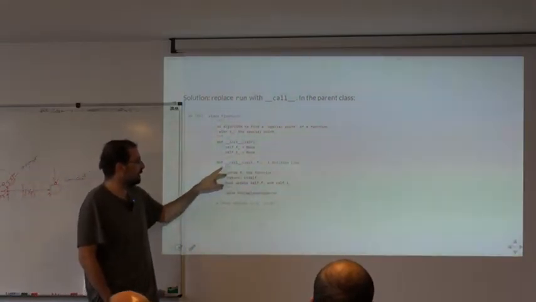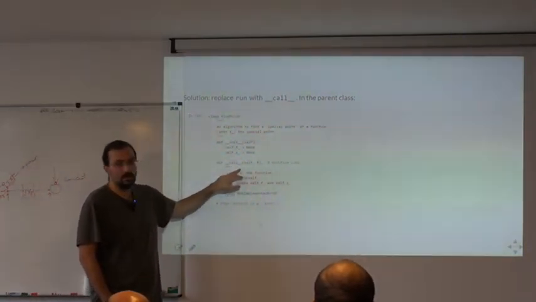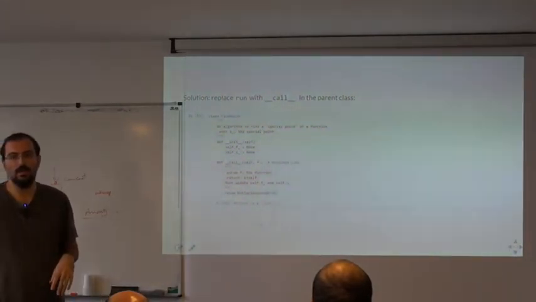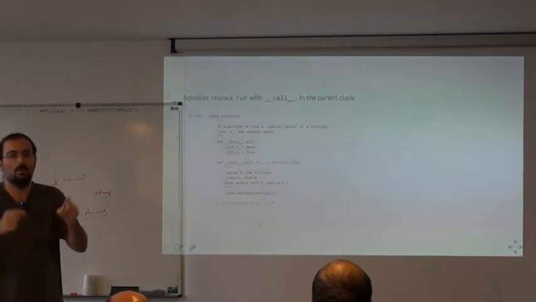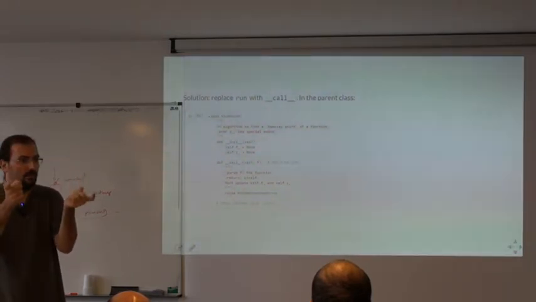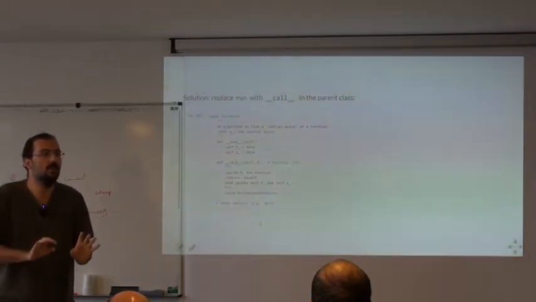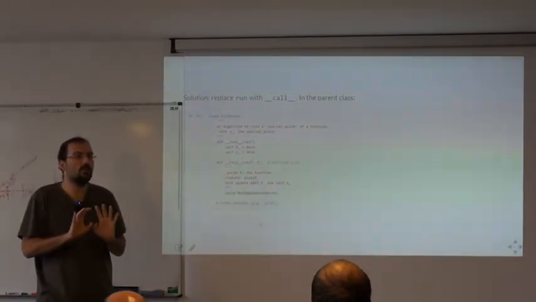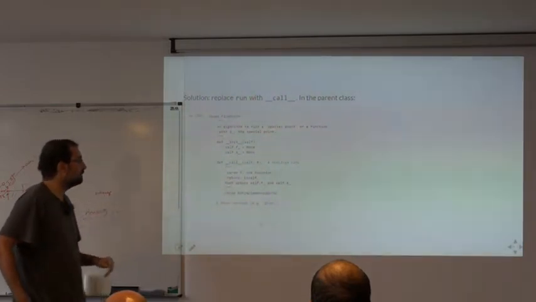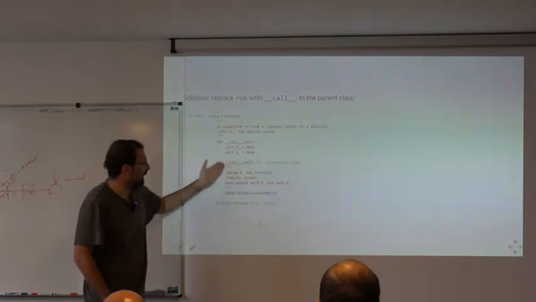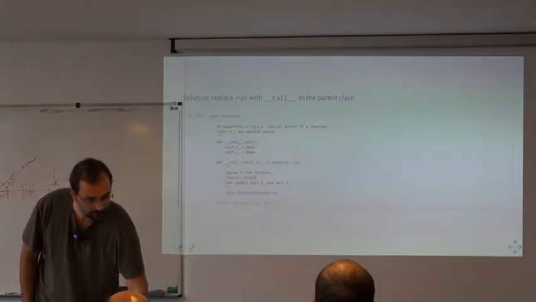Instead of calling your method run, you name it call. Because call is a special method in Python, and it's the method that is used when you put some parentheses after the object. So in Python, a function is simply something that has a call method, essentially. So nothing else, just replace run by call.